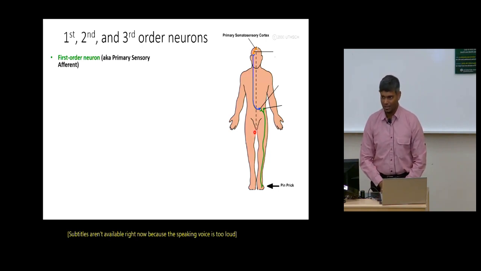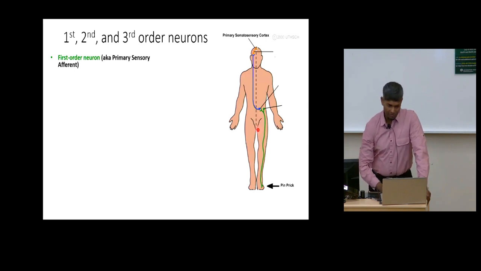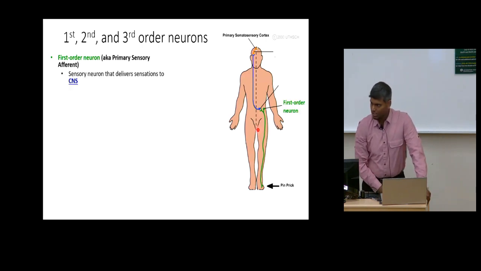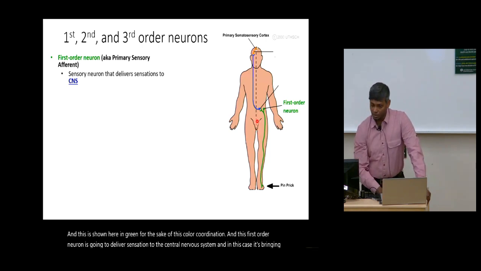I told you afferent means to bring the signal, whereas efferent is to carry away the signals. This is shown here in green for the sake of color coordination. This first order neuron is going to deliver sensation to the central nervous system, and in this case it's bringing signals to the spinal cord.